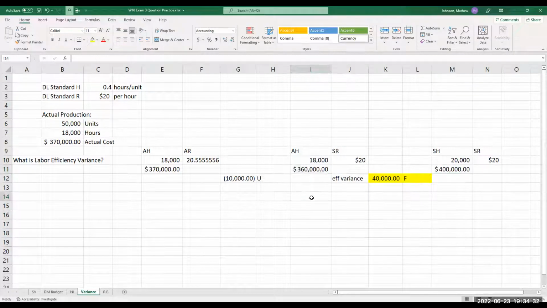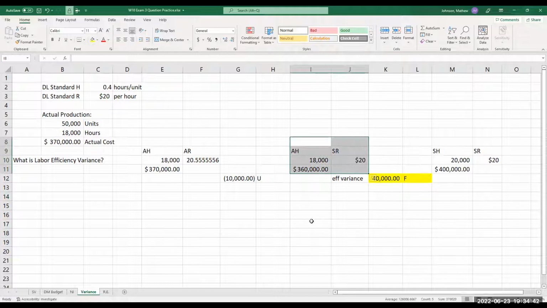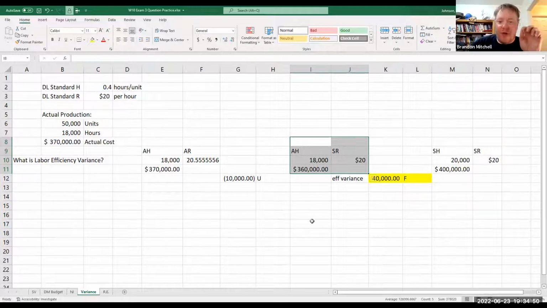So if the middle section, actual hours and standard rate, comes down less than the standard hours, standard rate, then it's better, because you're looking at your actual versus what you budgeted for.